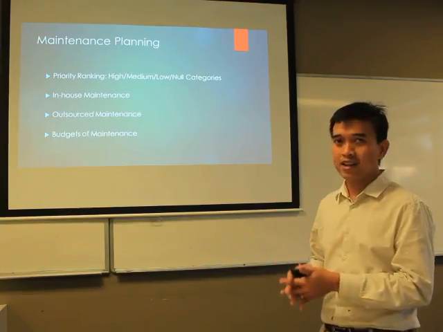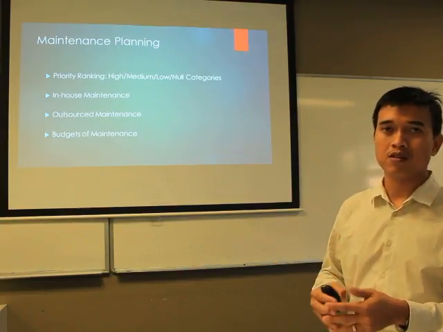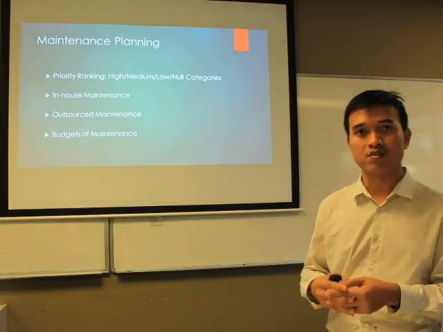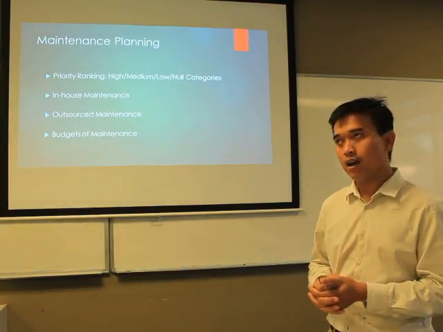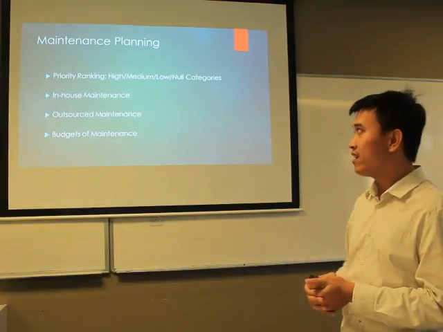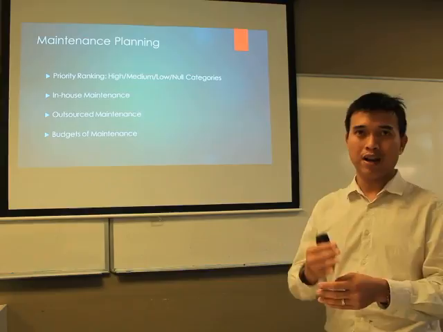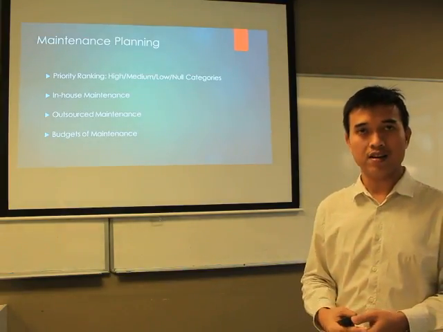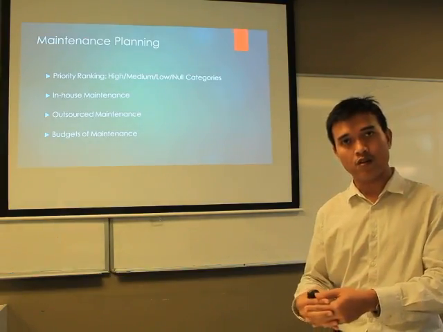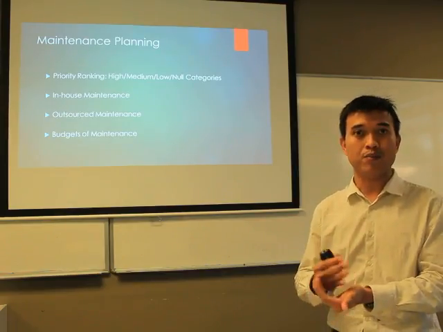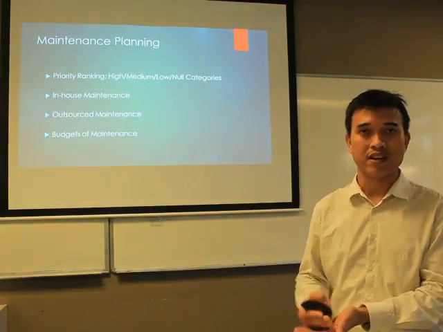The maintenance can be done based on planning. So we need to do the planning before starting any maintenance. In order to do the planning, we need to collect the data of the equipment or devices in the hospital, and then we set the priority of the maintenance.